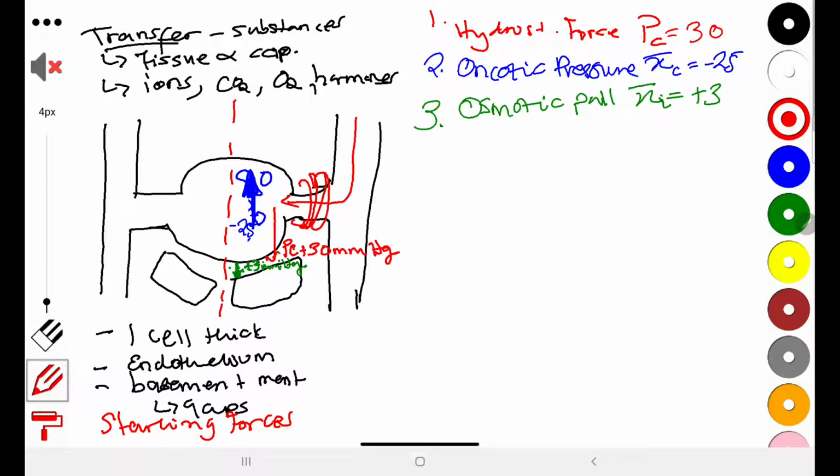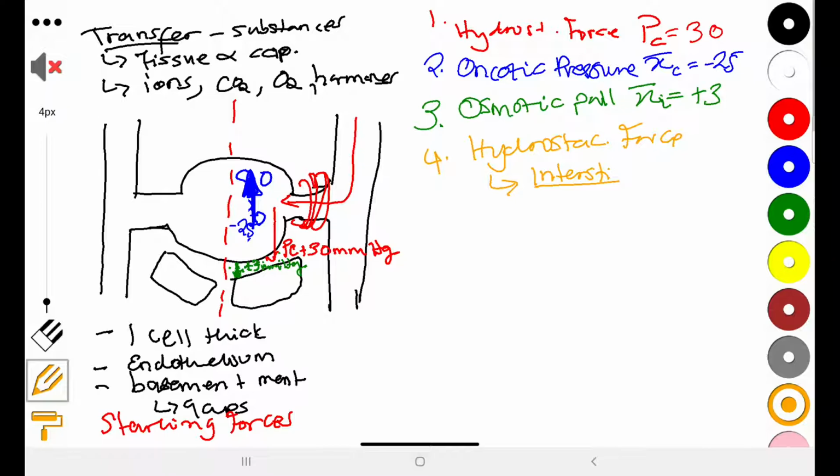The last one, which on my diagram has no space to be, is what is known as the hydrostatic pressure or hydrostatic force, but this one is found in the interstitium. In the interstitium you find that there's fluid there as well that may be having a sort of positive, negative push on whatever water is coming in there.